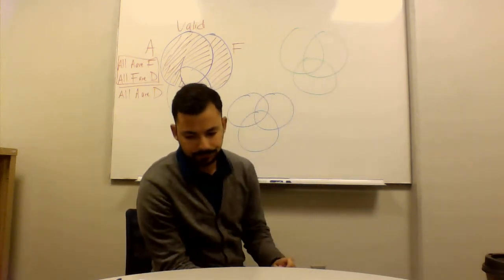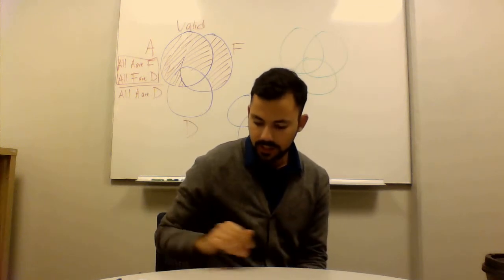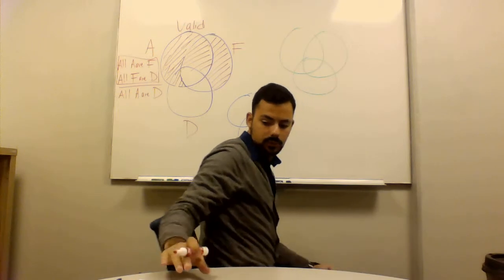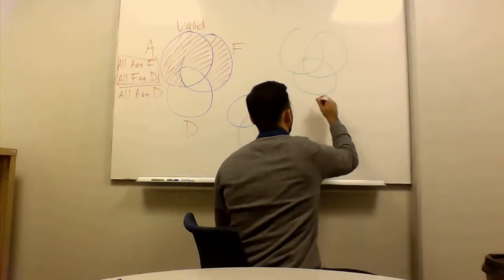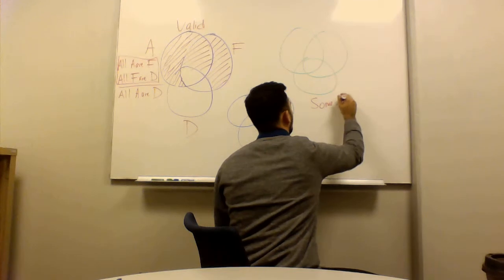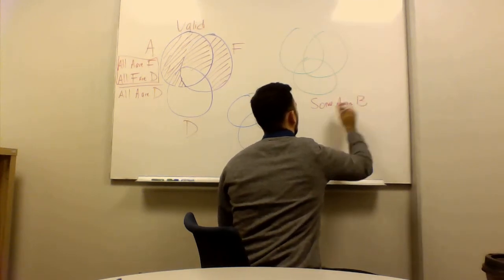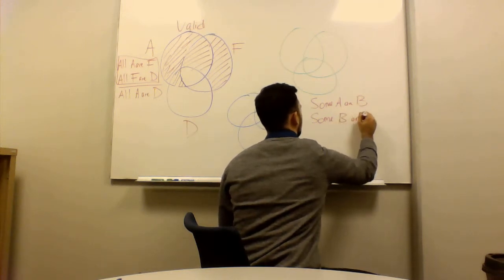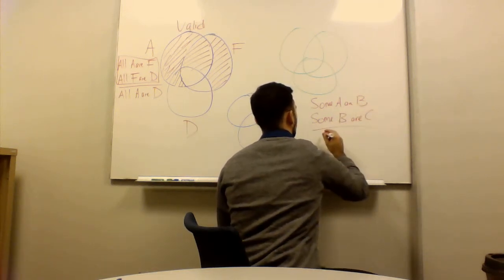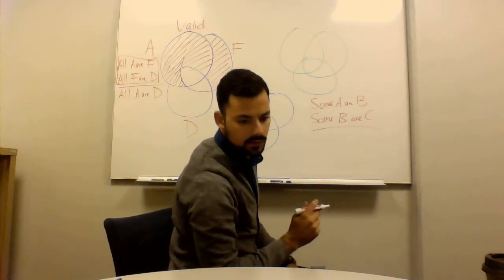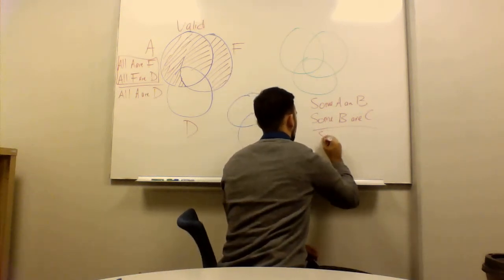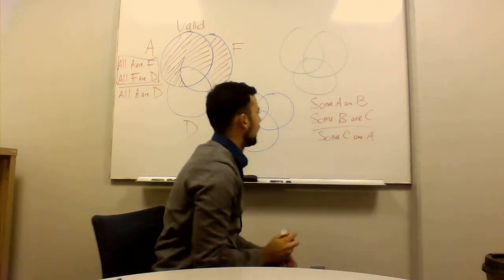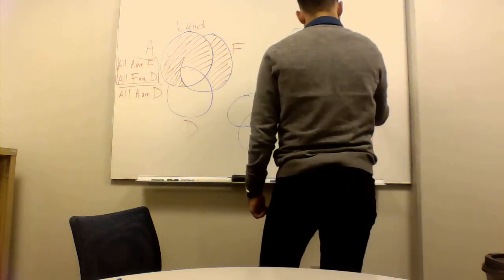So I have the argument here, which states: some A are B, some B are C, therefore some C are A. Okay, we're going to diagram this one right here.